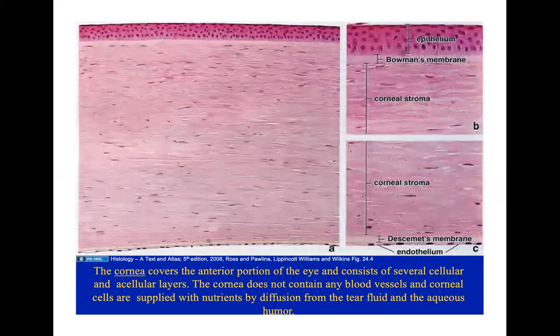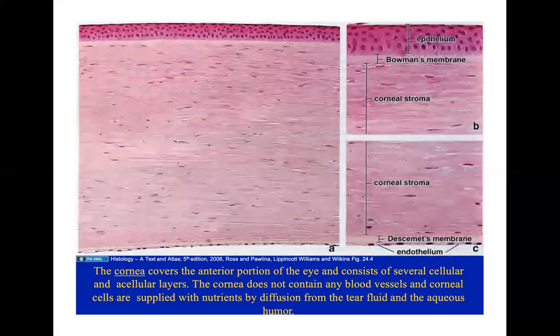Now, the cornea is the anterior portion of the eye, and this one has your cellular and acellular layers. So there are actually 5 layers of the cornea. You have the outermost, the epithelium, then the Bowman's membrane, then your corneal stroma, then your Descemet's membrane, and your endothelium.